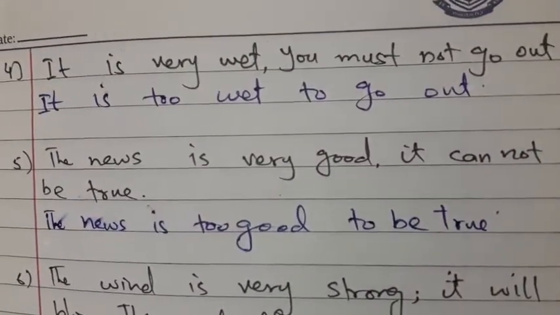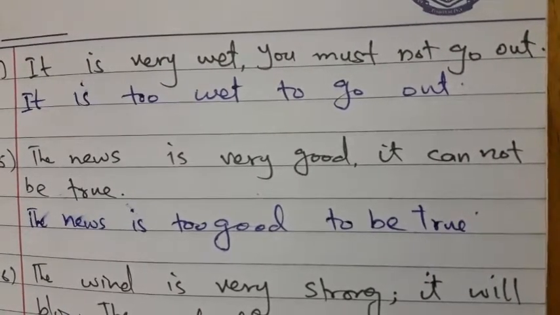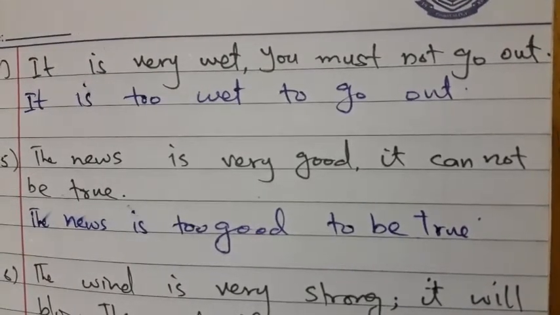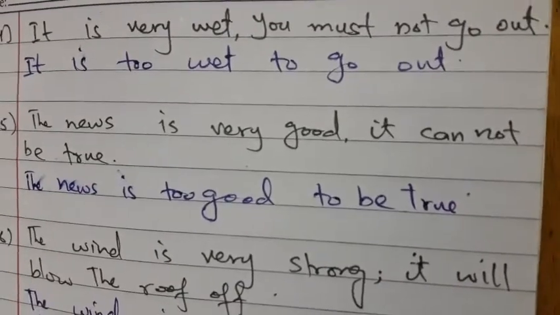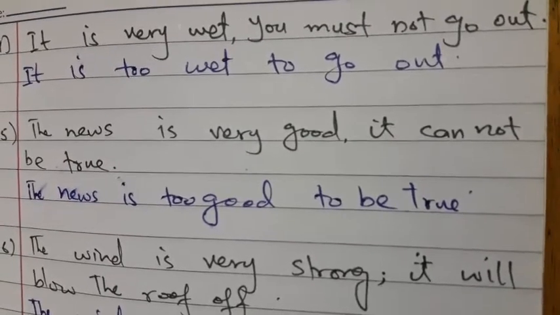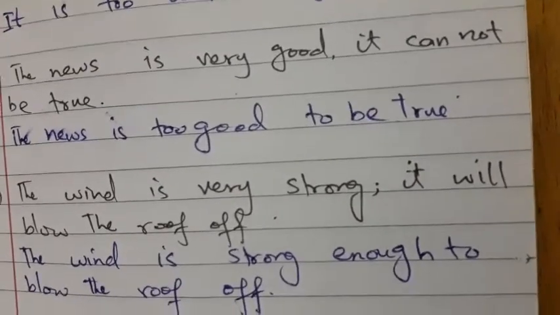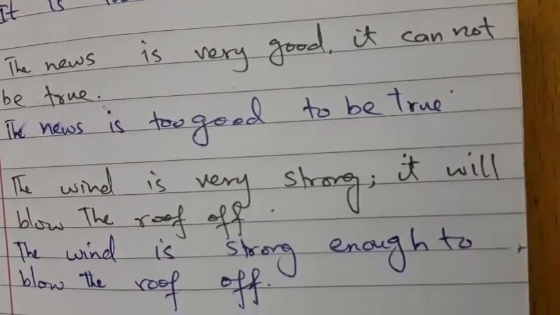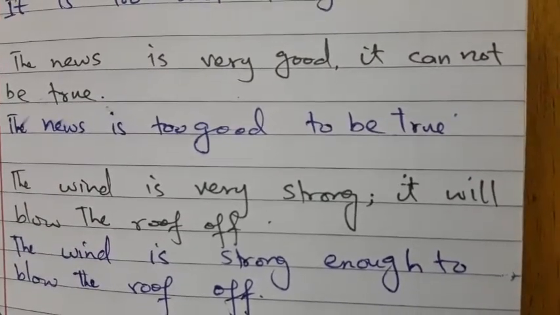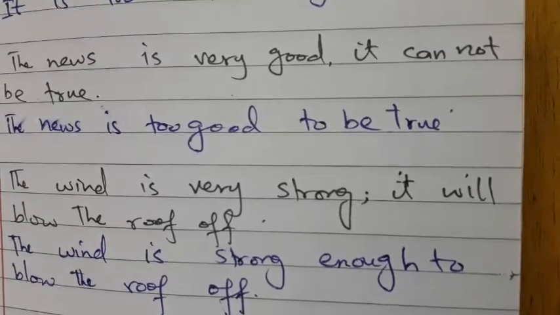Next, it is very wet. You must not go out. We will convert it like: it is too wet to go out. That means there is too much wetness out there, so no one can go out. The news is very good. It cannot be true. The news is too good to be true. The wind is very strong. It will blow the roof off. It means the wind is very strong and it can blow the roof off, so it is a kind of affirmative.